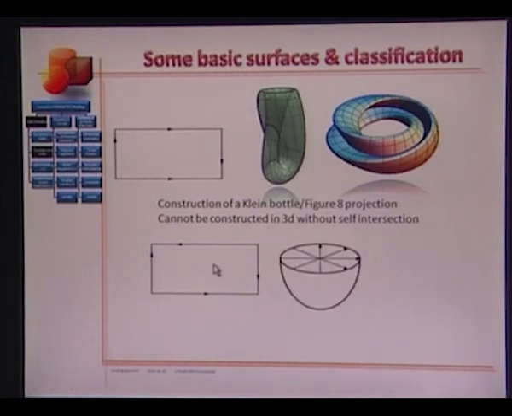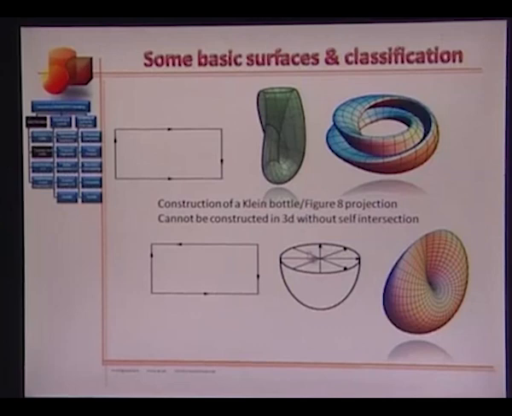Equivalently, you can do the same with a disc. Take a disc, get it into the hemispherical form, and then try to join diagonally opposite points here. The result will be a cross cap.